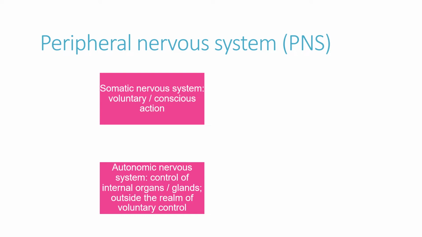And then we have what is called the autonomic nervous system. And the autonomic nervous system is very important for automatic, involuntary responses. And thank goodness it's involuntary because there's quite a bit going on within the autonomic nervous system.